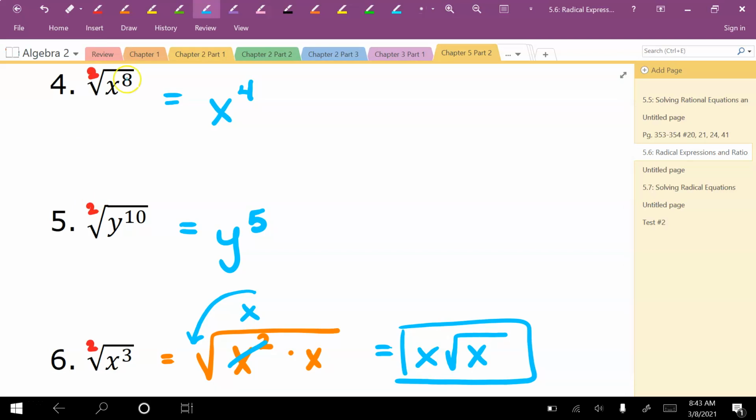So for x to the 8th, if that was a 3 instead, I would take 2 x's off. I would rewrite it as x to the 6th power and then x squared, because I can take 6 divided by 3. So whatever number is by your root, that's what you want your exponent to be based off of. What do I need to change it to so it's divisible by that number? And you can always take off as many as you need to get to that point.